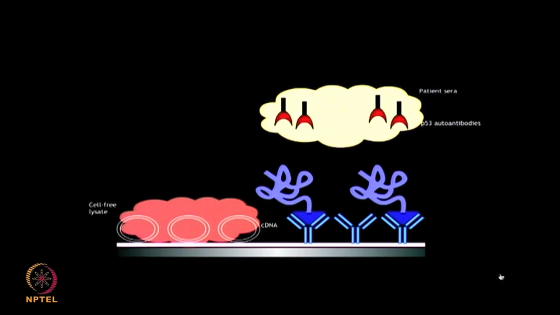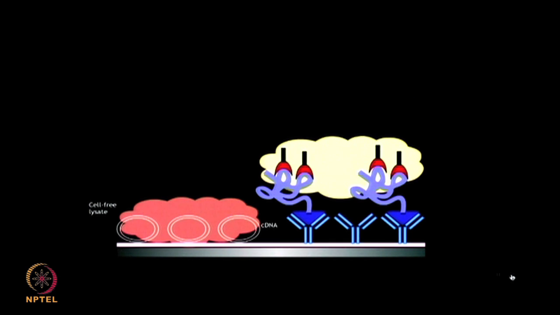After addition of the cell free lysate, proteins are expressed, which can then be probed with the diluted sera of breast cancer patients which contain p53 autoantibodies. In this study, detection was carried out by means of HRP linked anti-human IgG.